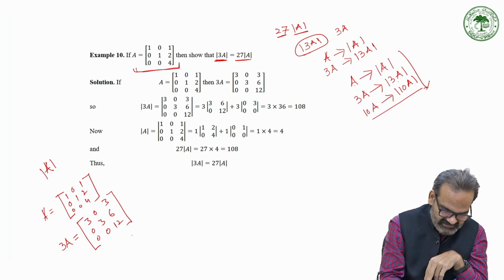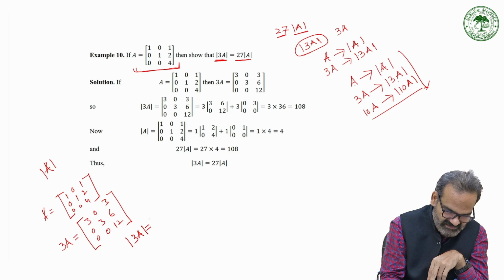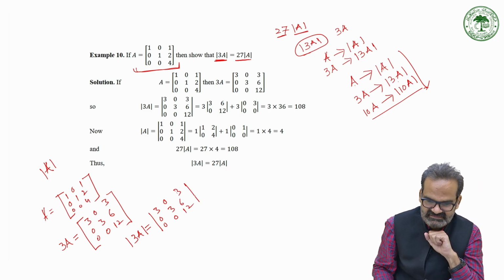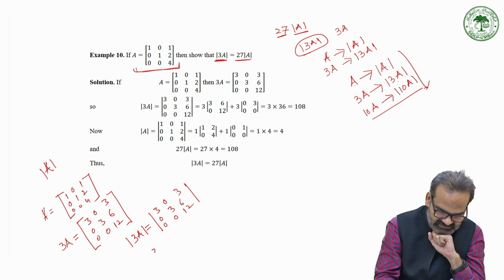So this is a matrix, its determinant is now given as 3 times of this, which is 3, 0, 0, 0, 3, 0, 3, 6 and 12, right? Now find out its value. Its value will be equal to what?